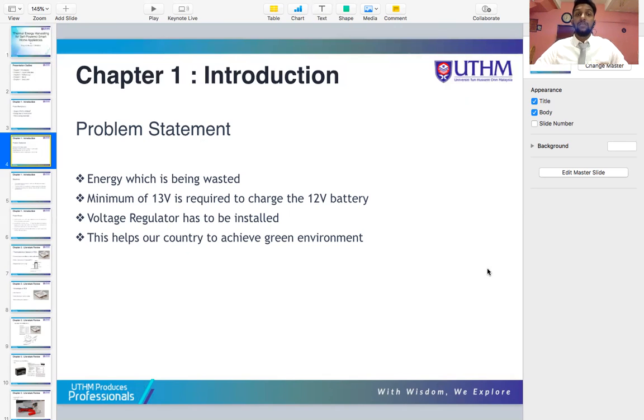So we will provide a socket outlet outside the house, which will be easier for them. Most condensers nowadays are placed at the front rooftop of the house, so it will be easier for us to pull the wires and install the plug point. By doing this project, it actually helps our country to achieve a green environment.